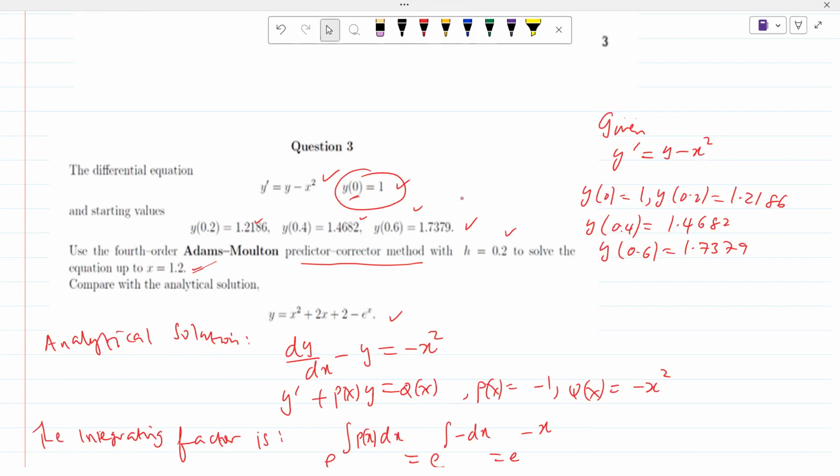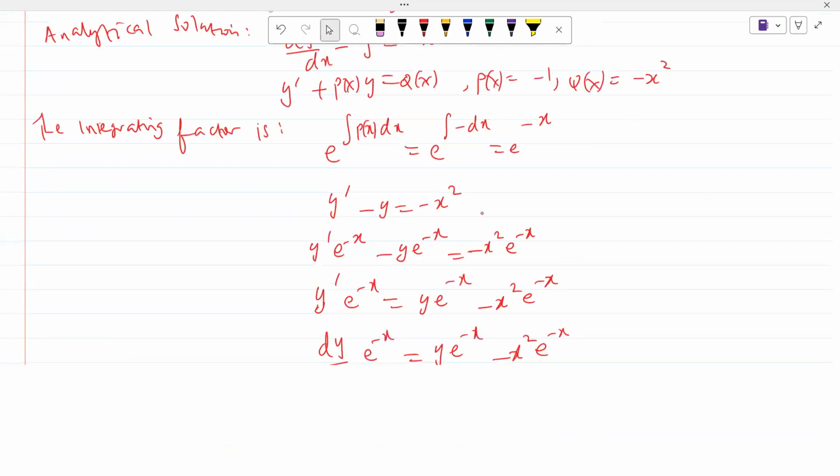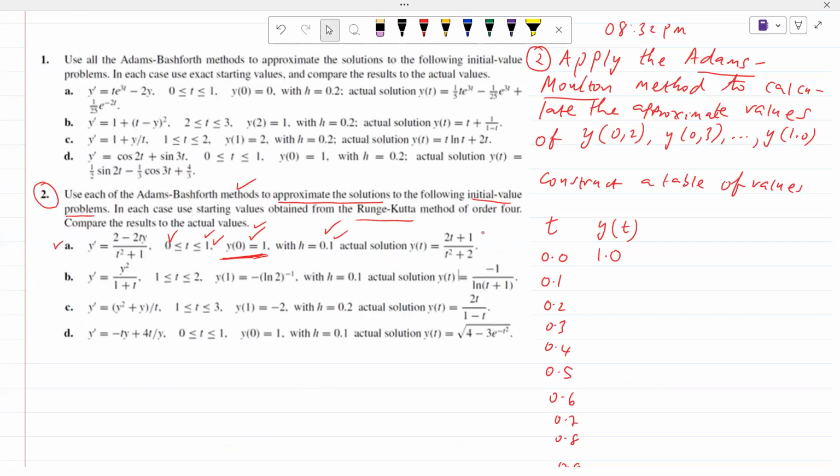You draw the table. The table has the values, and you start from n. You start with n and write.